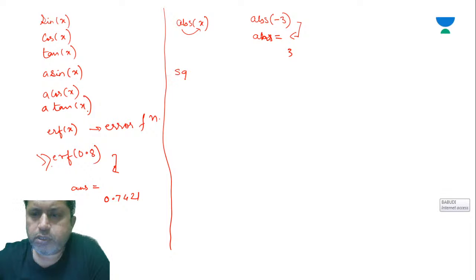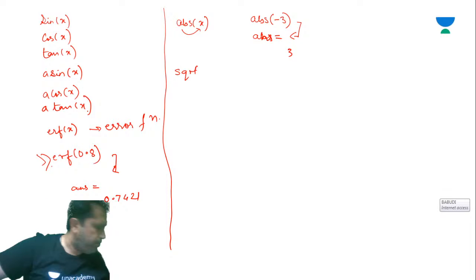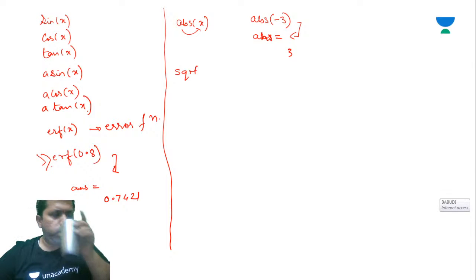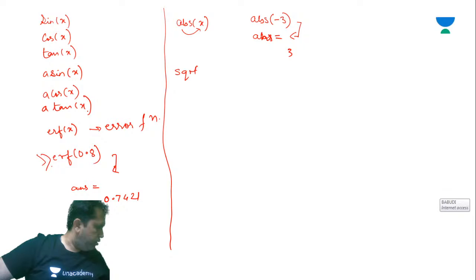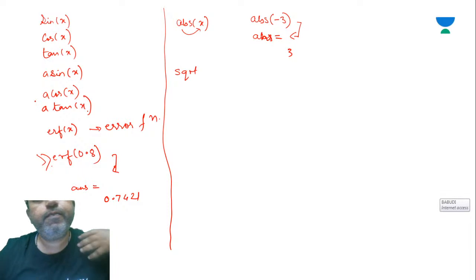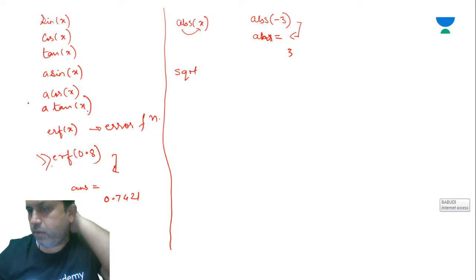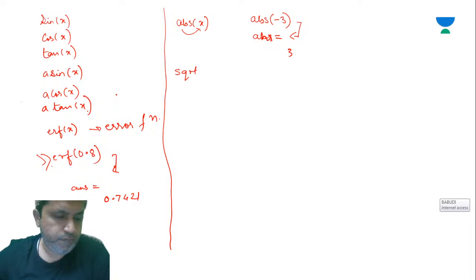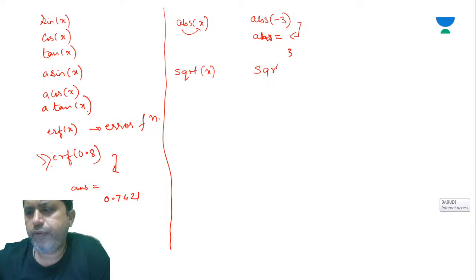Okay, the next function we have studied is sqrt x. A simple example which we have studied: sqrt 16, answer will be 4.